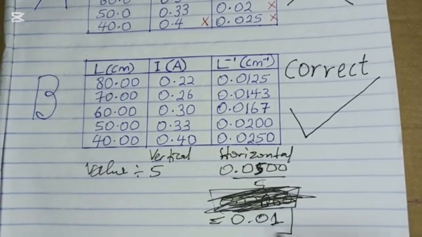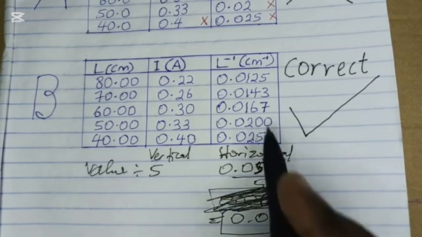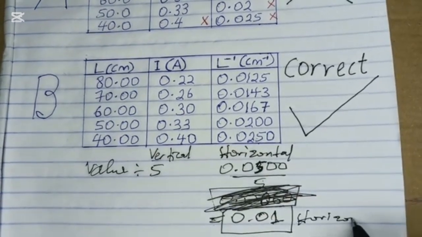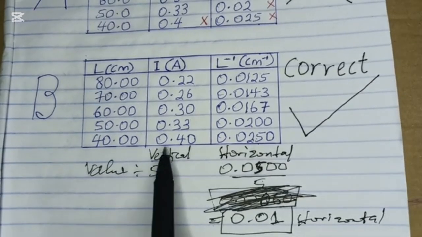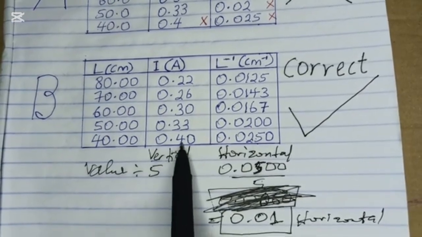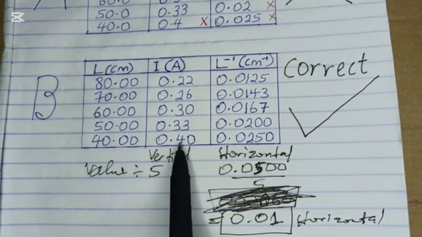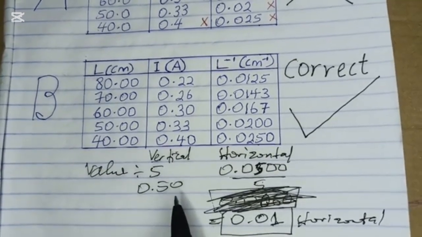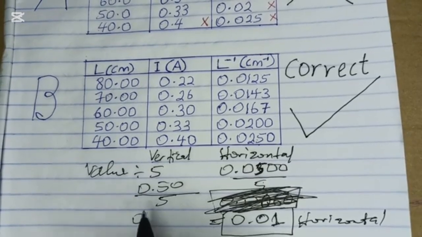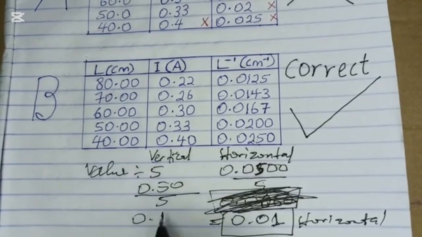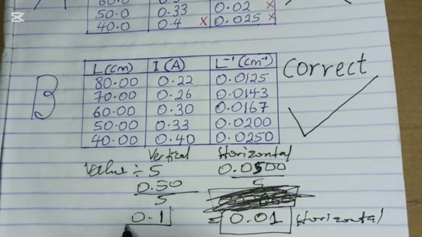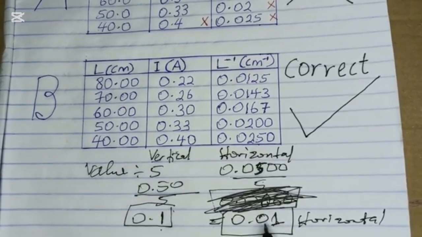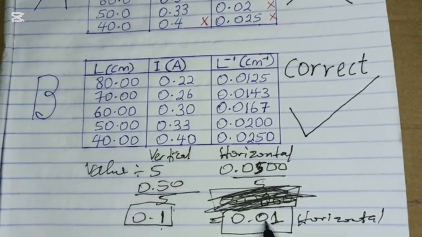So that's my scale for the horizontal. To take my scale for the vertical, what is the nearest highest value that is divisible by 5 in this scenario? That would be 0.50. 50 divided by 5 will be 0.1 also. This is 0.1. So this is what I'll be taking for my vertical scale. This is the one for the horizontal scale.